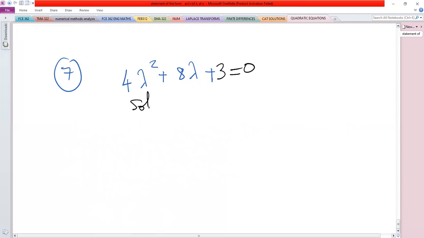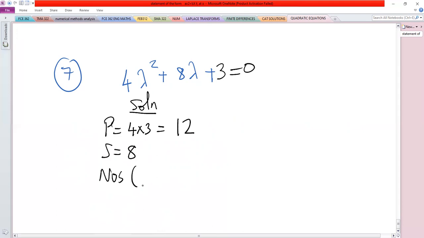So for the product, 4 times 3 is 12. The sum will be given by 8. So let's get the numbers.